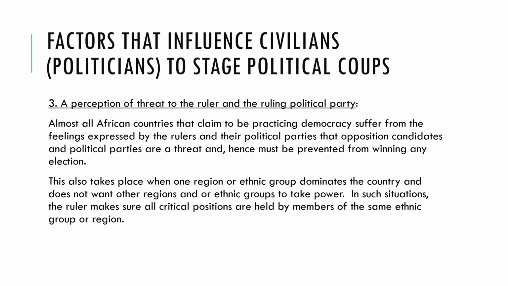This also takes place when one region or ethnic group dominates the country and does not want other regions and or ethnic groups to take power. In such situations, the ruler makes sure all critical positions are held by members of the same ethnic group or region.